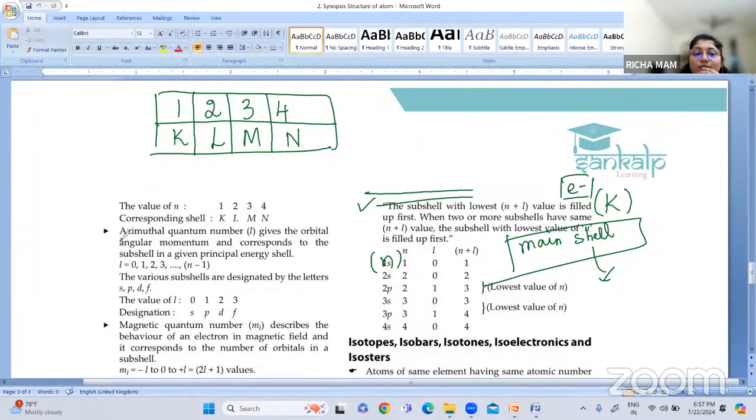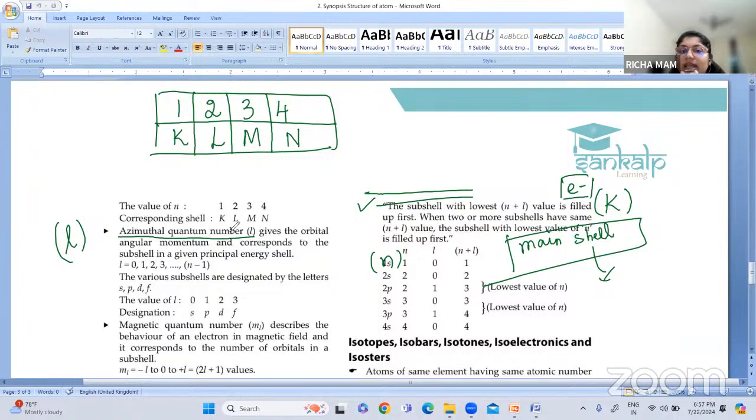Next, the second one is the azimuthal quantum number. It is represented by small l. What does it tell you? It tells you the shape of the orbital.